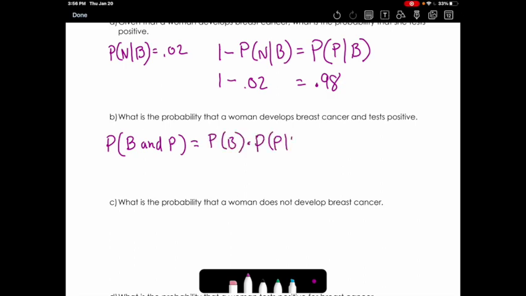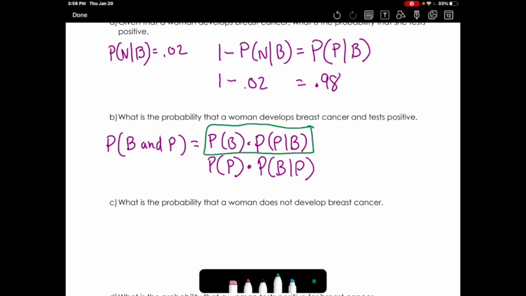So we want to use the probability of B times the probability of P given that we have B, or we want to write the probability of P times the probability of B given P. Now we can use any one of these, but we have the information for this statement. So this is what I'm going to use.